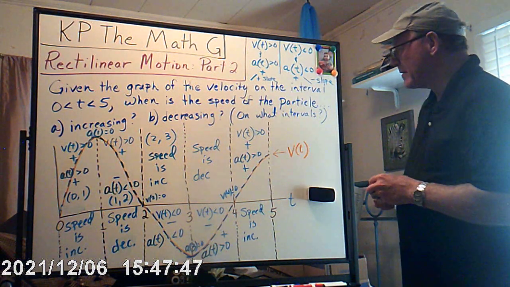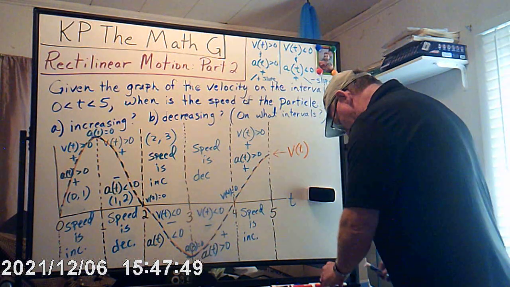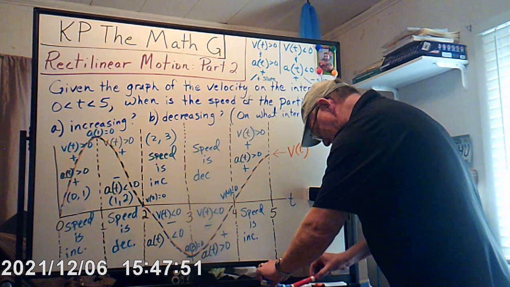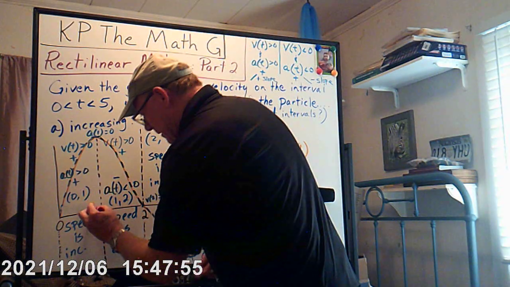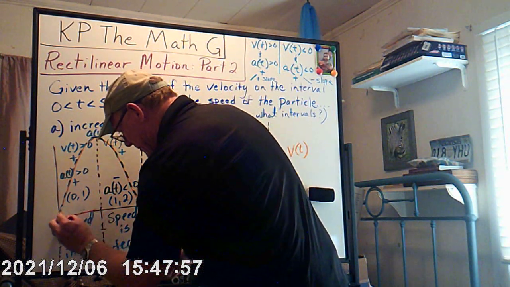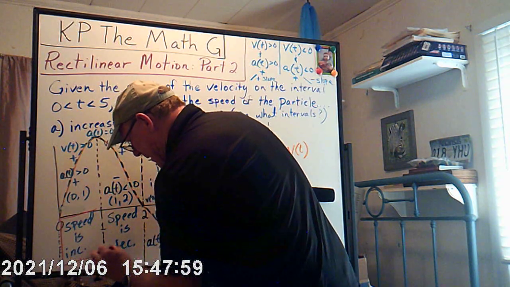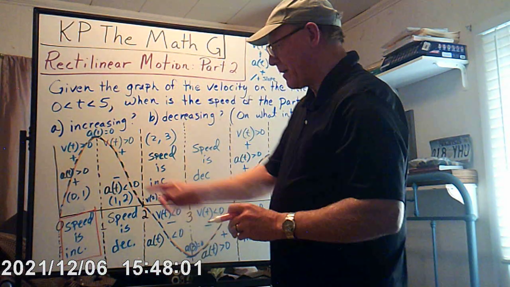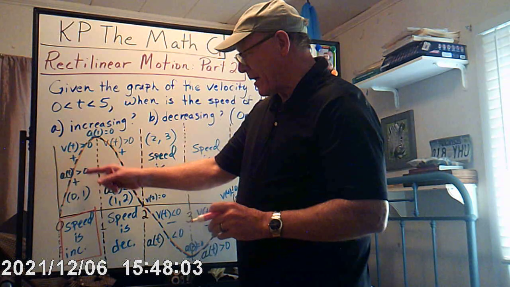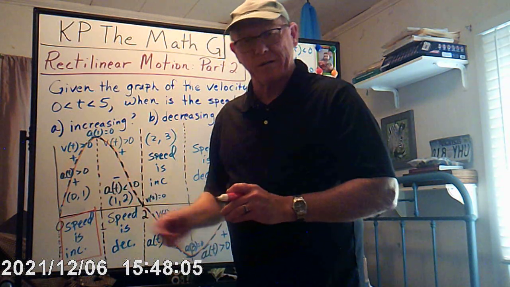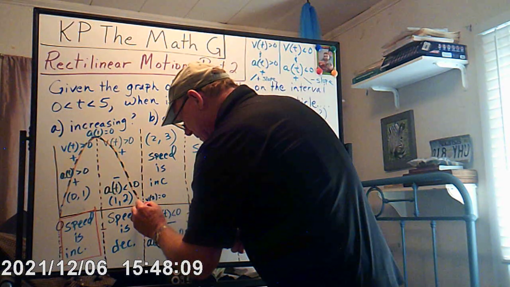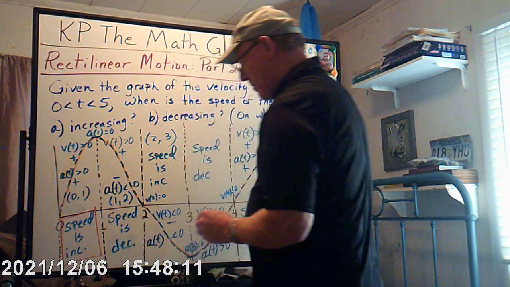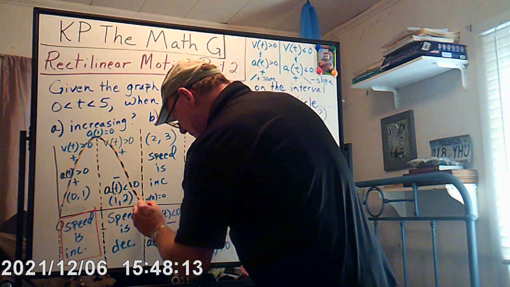Let's box them in, we'll use red. Let's box in our conclusions. From 0 to 1, speed is increasing simply because both velocity and acceleration are greater than 0. Right? Speed is increasing here. That should be decreasing, rather.